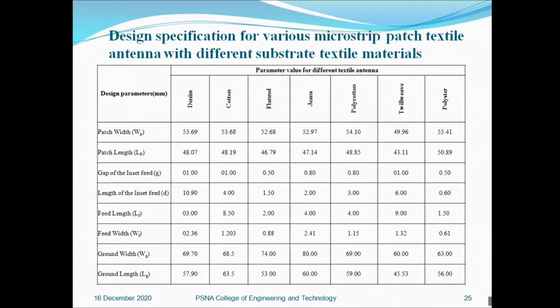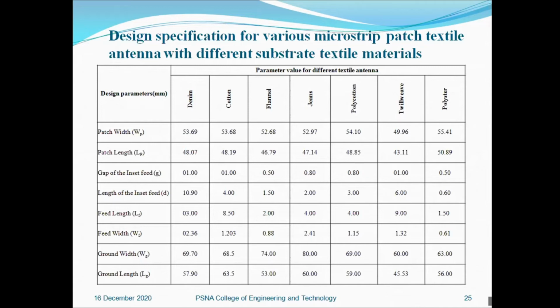For example, this is the work of a PhD. The various microstrip patch textile materials have their own dielectric material selection. Different textile materials with the dimensions, in the millimeter range, are written here.